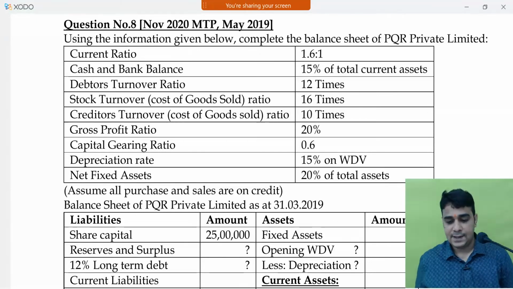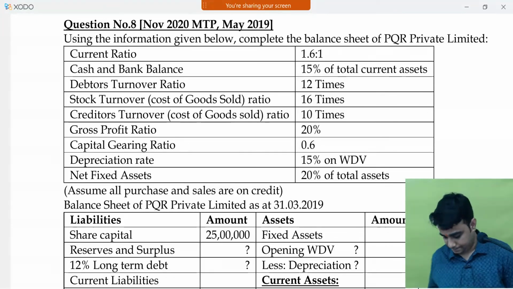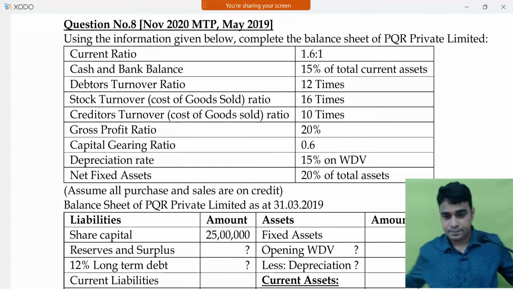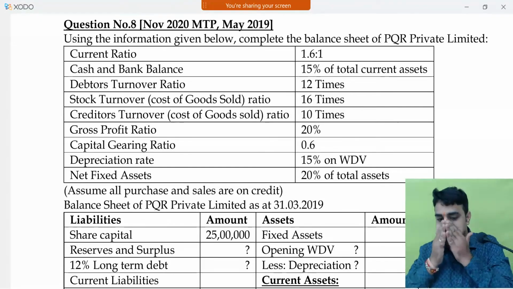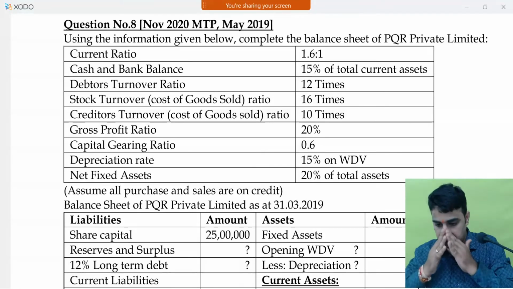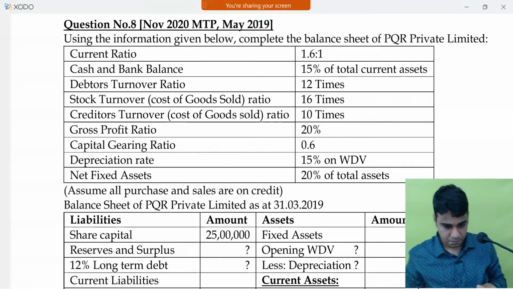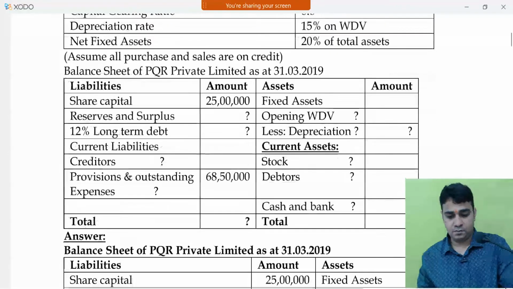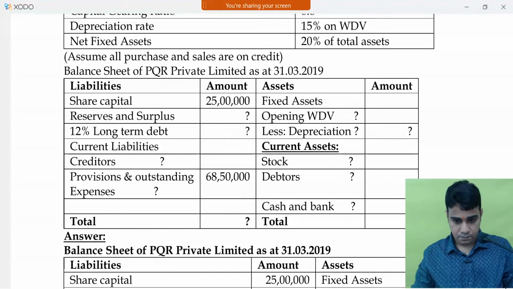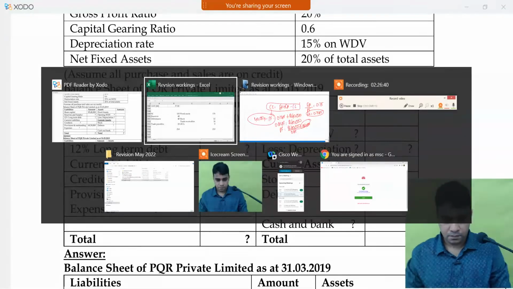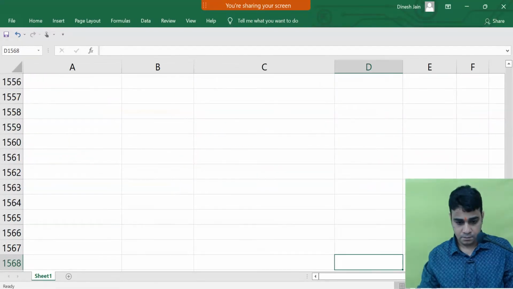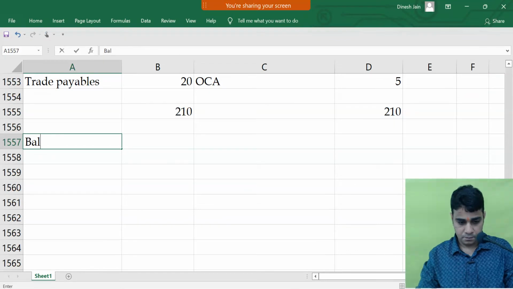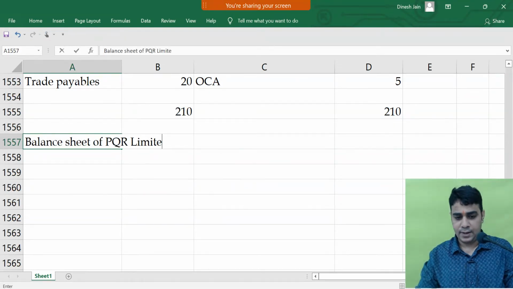The format is there, so try doing it. It comes more with practice, so I want you to attempt this.